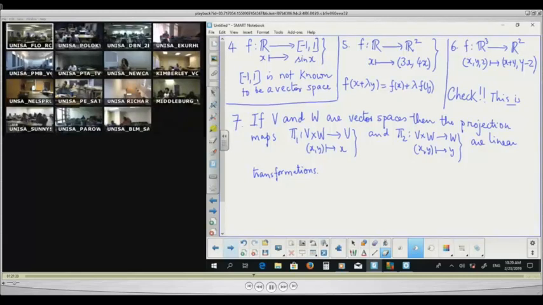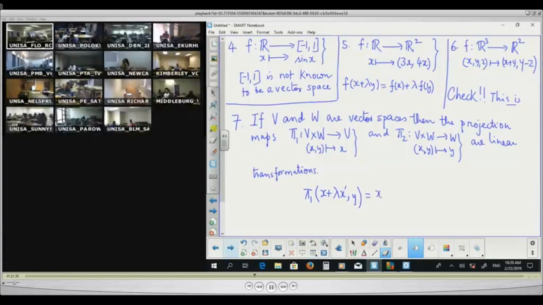Okay. All right. So if V and W are vector spaces, then these projections are also linear transformations. Okay? I'll do one of them, and you can do the other one. The proof is very simple. Let's do the first one, phi 1.